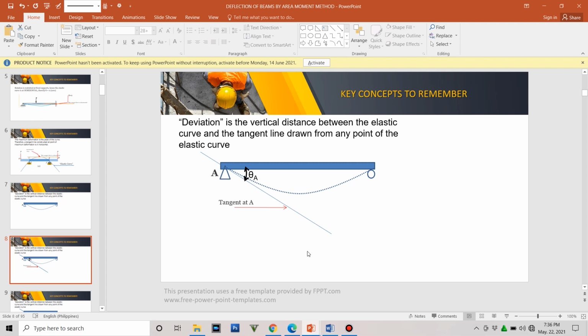So, ngayon, meron na tayong elastic curve at tangent line. So, if we are concerned with any point on this curve, say 3 points, ano?